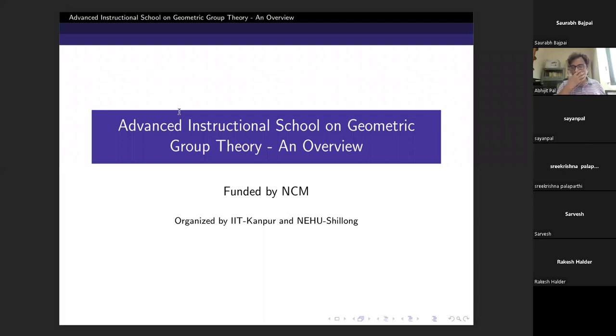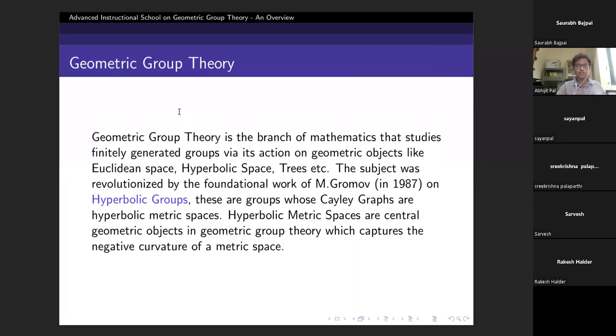This workshop is funded by NCM, and it is organized by IIT Kanpur and NEHU Shillong. Let me give you a quick overview of geometric group theory. What is geometric group theory?